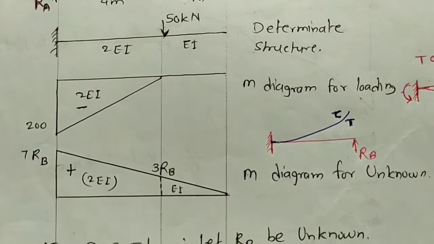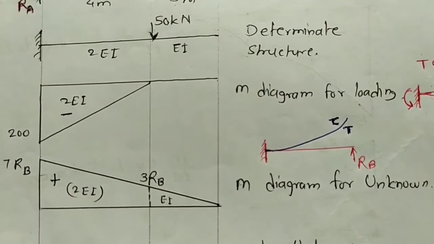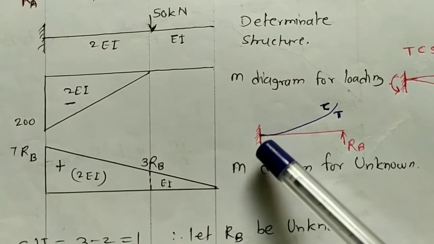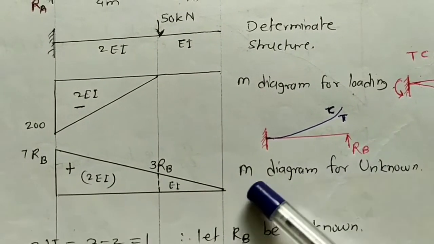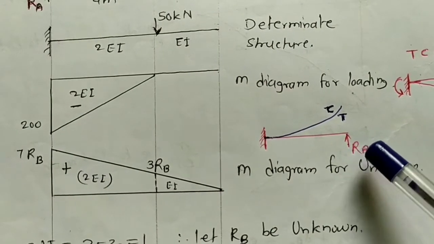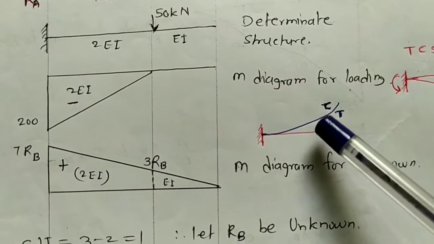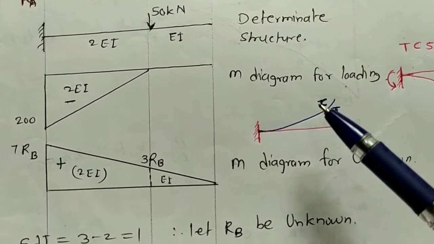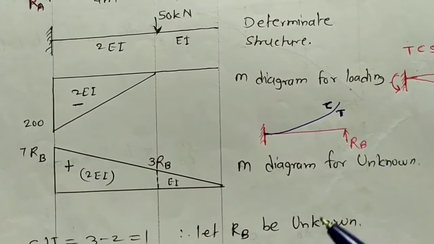Now come to the M diagram because of the unknown. Here just apply the RB. Because of application of RB, that is the unknown, we are getting this deflected shape. Of course, here the top is in compression and the bottom is in tension.